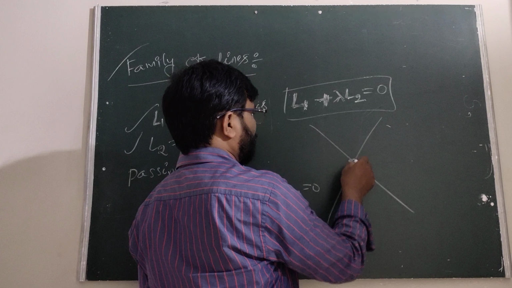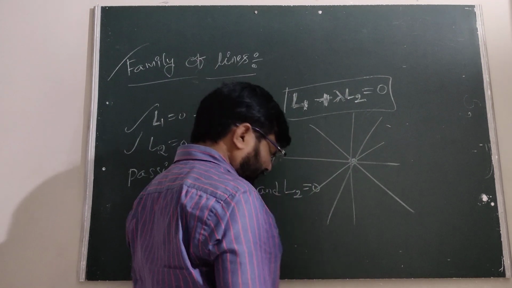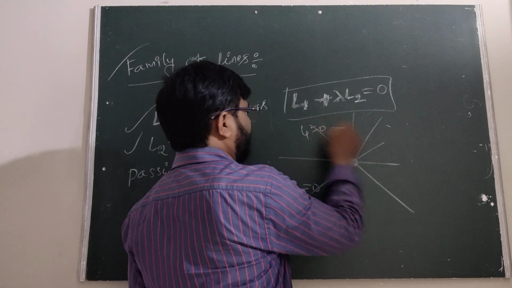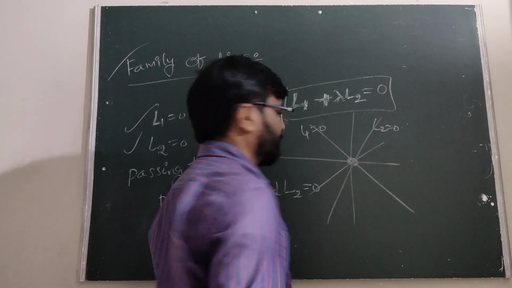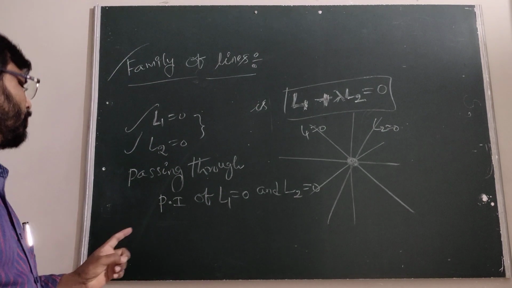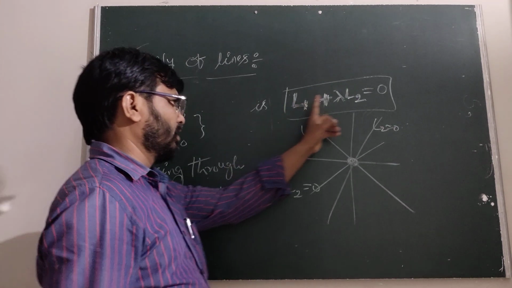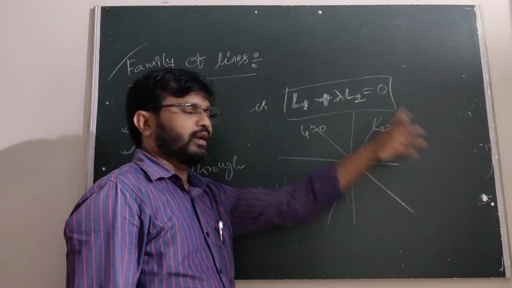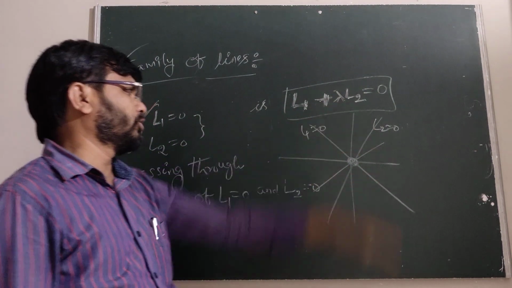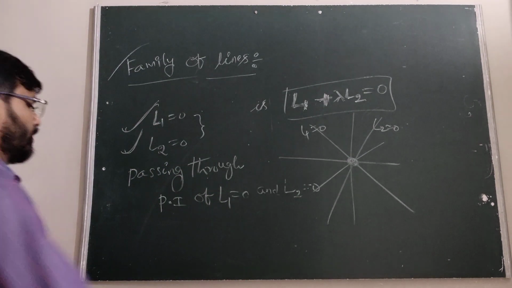When we apply different values of lambda, these are all the family of lines passing through the point of intersection of L1 equal to 0 and L2 equal to 0, where lambda is the parameter. Therefore, L1 plus lambda L2 equal to 0 represents the family of lines. Okay.